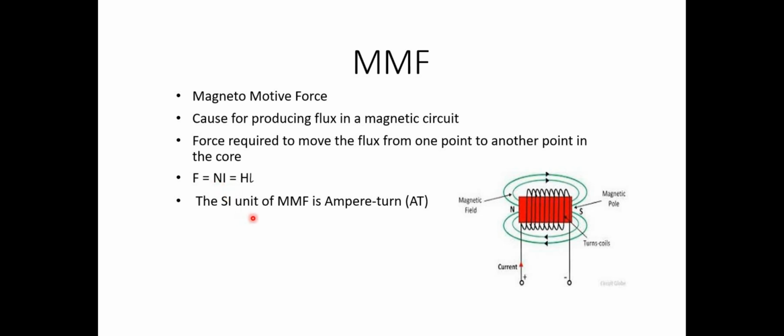From this we can get the unit of MMF: for current it is ampere, and for number of turns N it is turns. So the unit of MMF is ampere turns. For MMF we have another formula, that is H into L, that is magnetic field intensity into the length of the coil. We will see in the next slides how we get that formula.